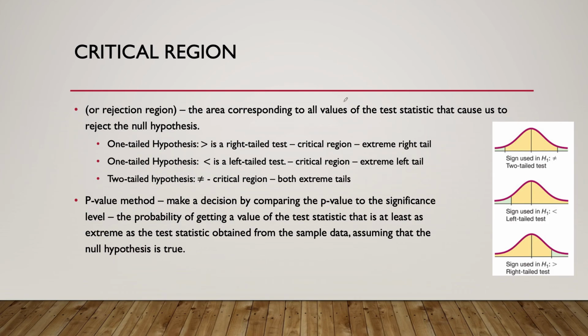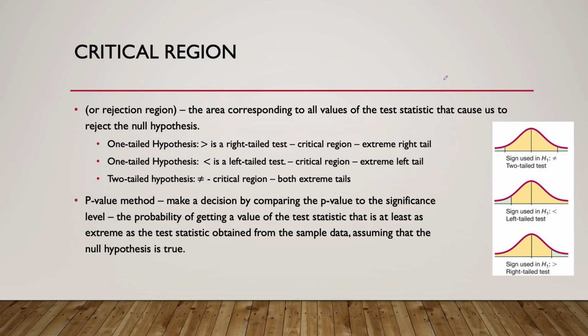In the p-value method, we make a decision by comparing the p-value to the significance level. The p-value is the probability of getting a value of the test statistic that is at least as extreme as the test statistic obtained from the sample data, assuming that the null hypothesis is true.